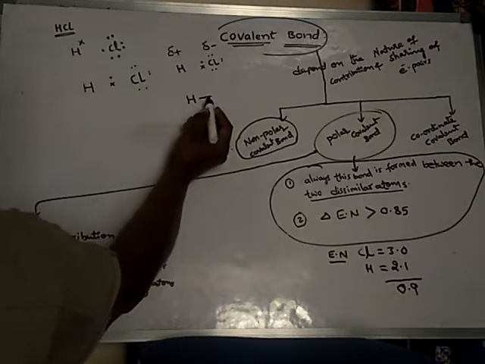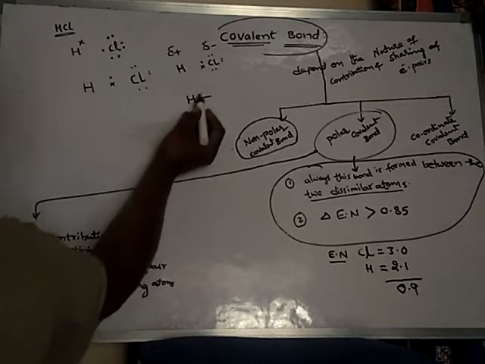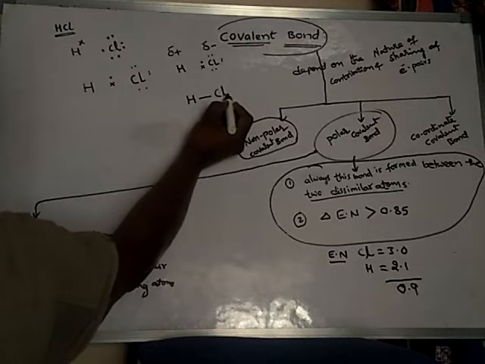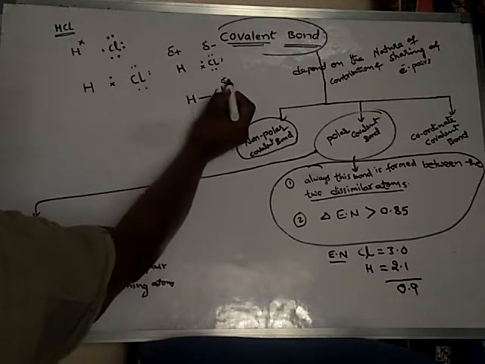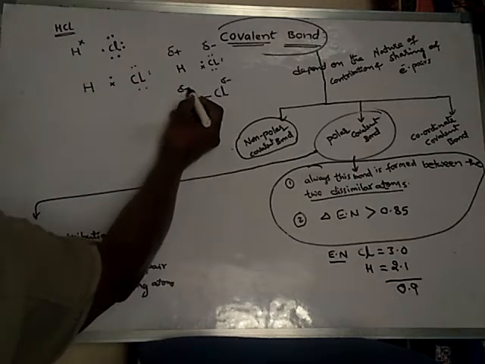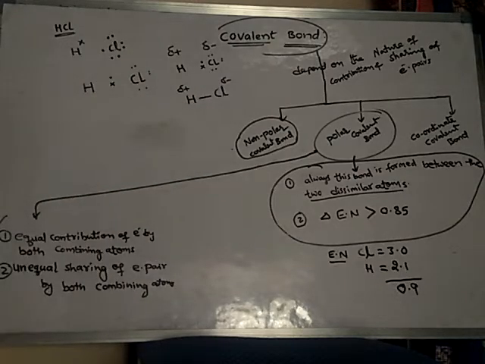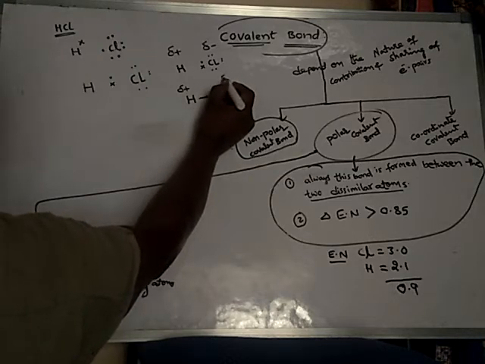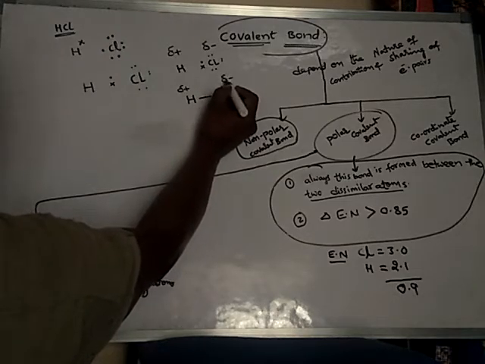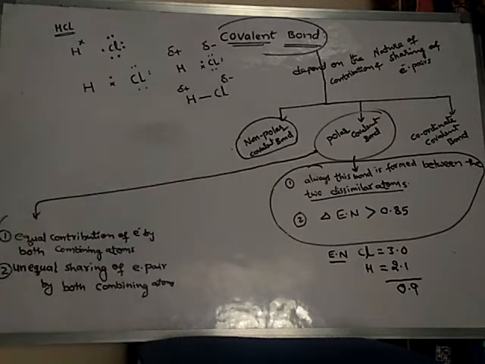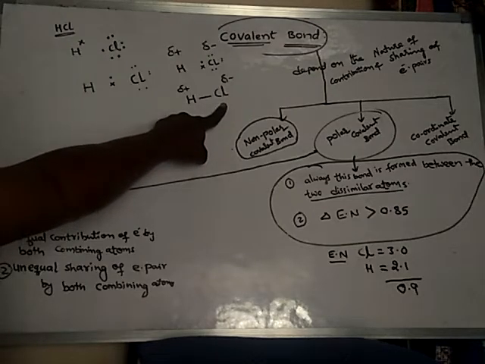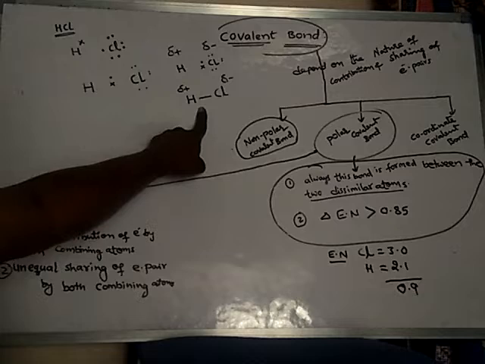As there is only one pair of electrons, we draw only one line between hydrogen and chlorine atoms, but we denote a partial negative charge here and a partial positive charge here. Are you following? See, this bond has one negative end and another positive end.